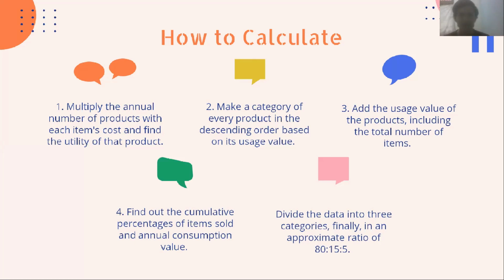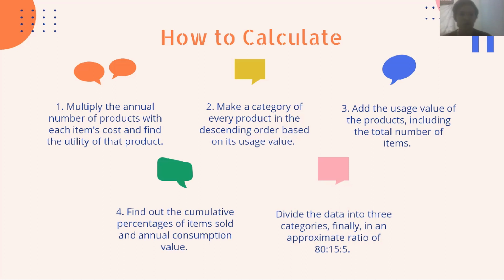The first step is to multiply the annual number of products by each item's cost to find the usage value of those products. The second step is to rank every product in descending order based on its usage value. The third is to add up the usage value of the products, including the total number of items.